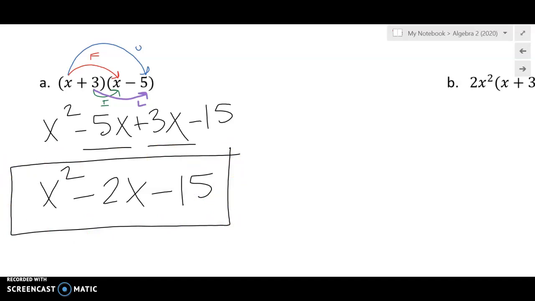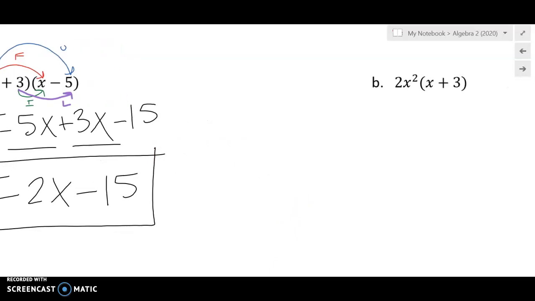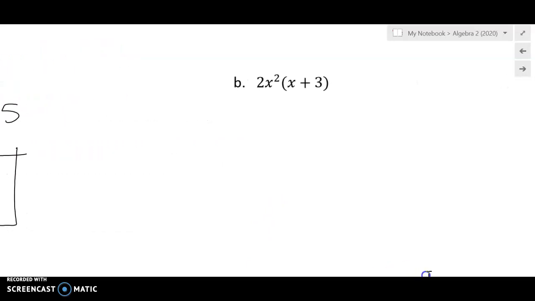I multiplied that out. Okay, so now let's look at another. Keep practicing here. This one's a little bit different. We've seen something like this. I have just a single term, kind of like a linear function in the front, times a binomial. So all I have to do for this one is distribute. Distributing is multiplying.